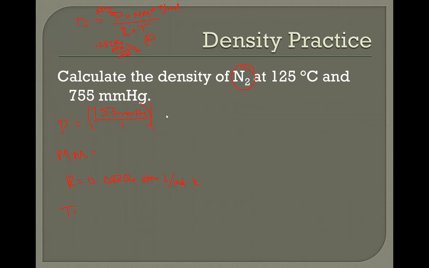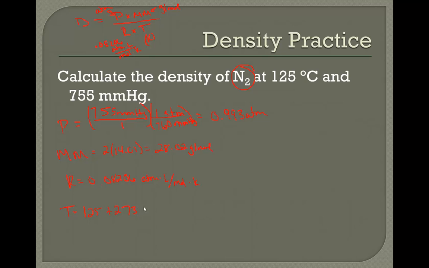So we have to divide it by 760 millimeters of mercury, and that equals 0.993 atm. The molar mass of nitrogen is 2 times 14.01 from the periodic table, that's 28.02 grams per mole. And then the temperature is 125 plus 273, which comes out to be 398.